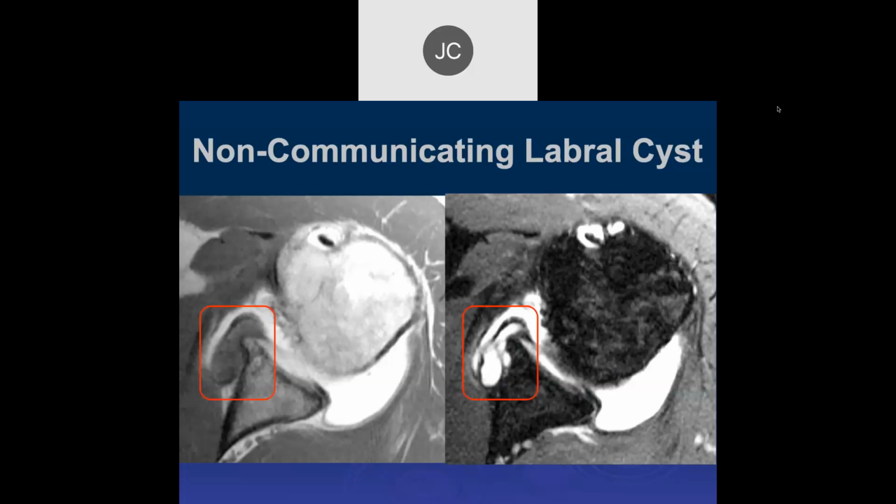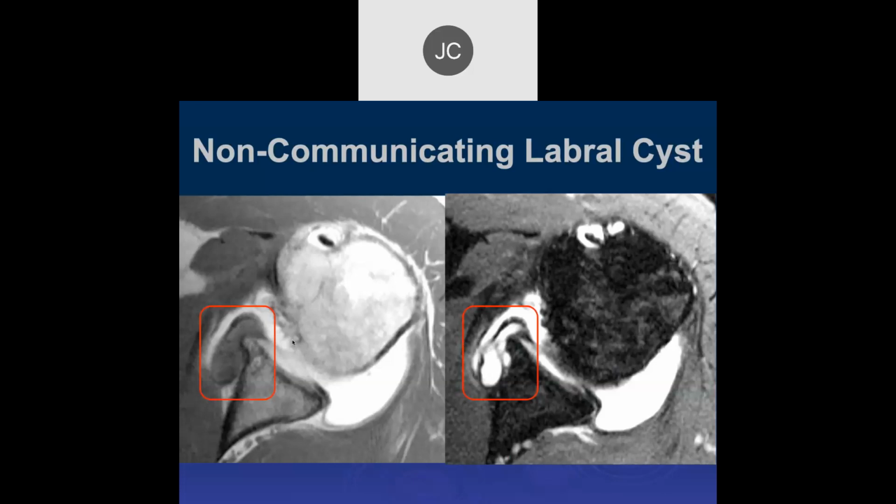Paralabral cysts almost always mean that you have a labral tear there. So this is an anterior labral tear with a cyst, but notice that these cysts do not always communicate with the joint space. In fact, they often close up, and this is more of a gelatin structure typically rather than a fluid structure, even though it looks fluid on the fluid sensitive images.